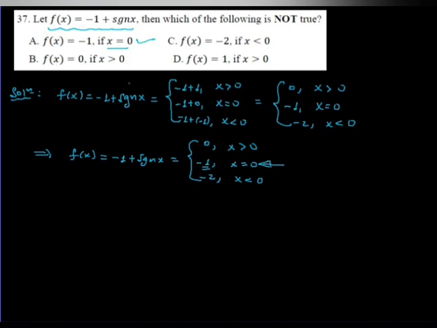And the function becomes 0 for x greater than 0, so the choice in B is also true. And the function becomes minus 2 for x less than 0, therefore this is also true. So the only wrong statement about this function is the choice in D. For x greater than 0, it will not be 1, it becomes 0.